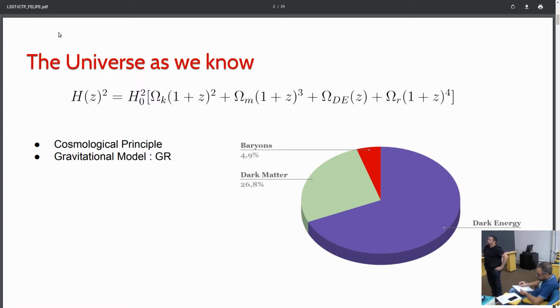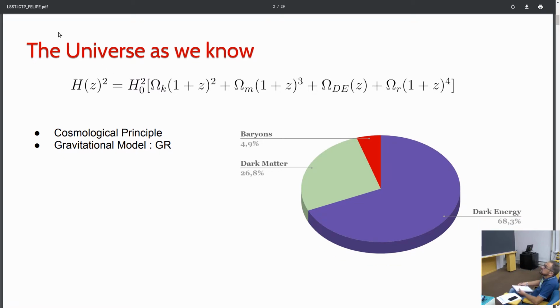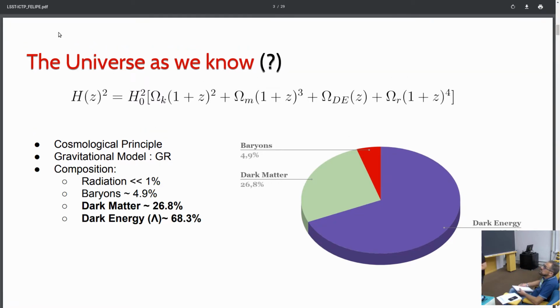So in the last century, we got a lot of new information about the composition of the universe. We know that the universe is composed of a very tiny fraction of radiation and baryons, which we are pretty sure the universe is made of, but in a very low rate.